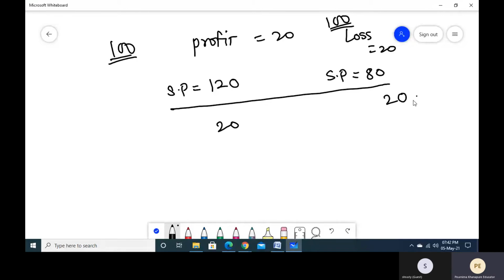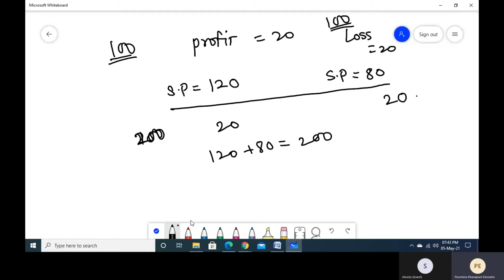But in total, 100 plus 100, 200 rupees was the price of the articles. Now here he got 120 rupees, here he got 80 rupees. It is 200 rupees. It seems like there is no loss, but it is not happening like that.